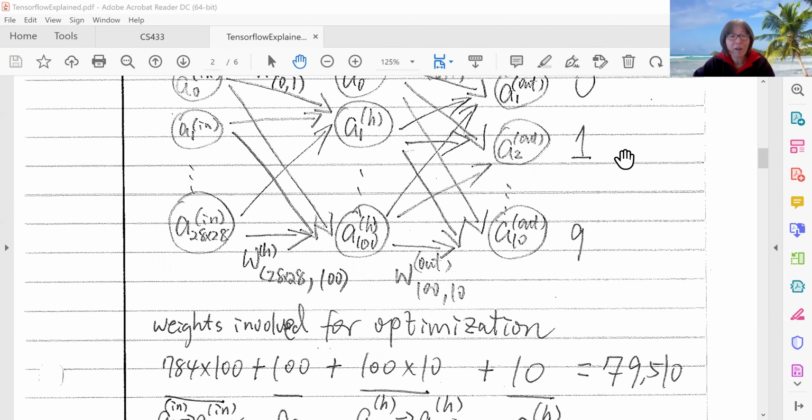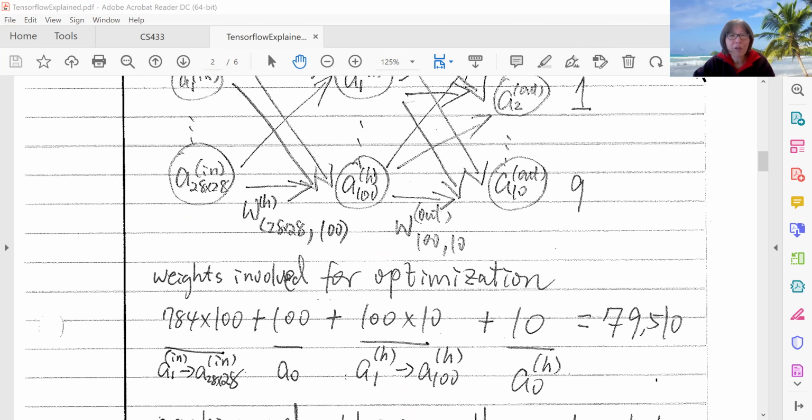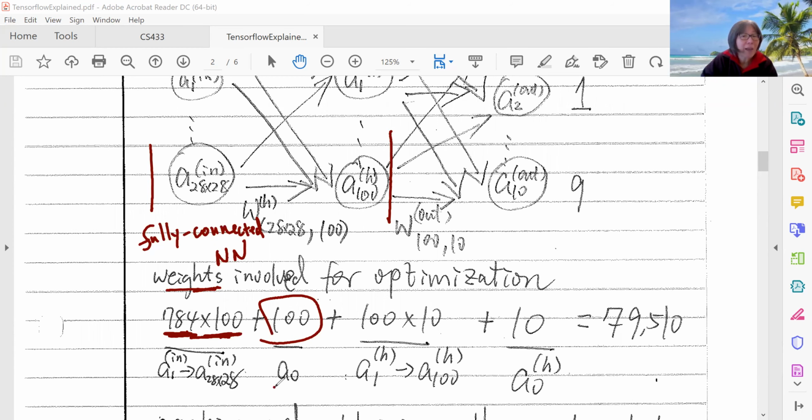Then let's take a look at how many parameters we need to optimize. The weights involved: you have 784 inputs and 100 hidden neurons, and it's fully connected. So the total weights from input to hidden layer are 784 times 100, plus the bias term, so we also have 100.